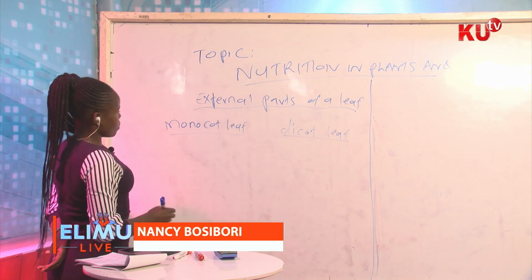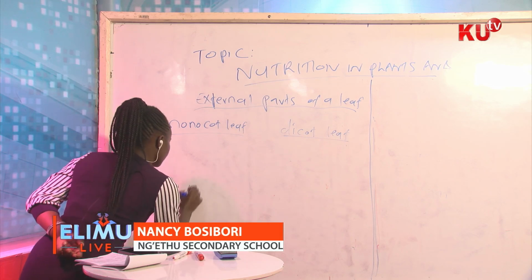So the structure of the monocot leaf looks like this.